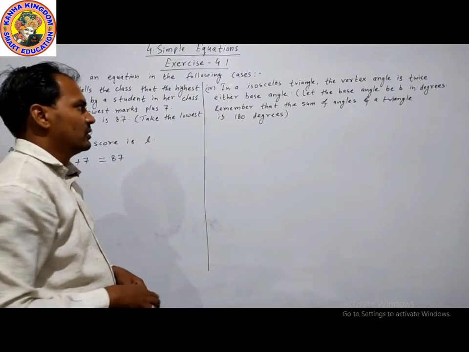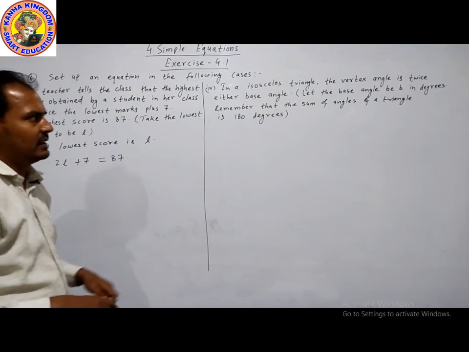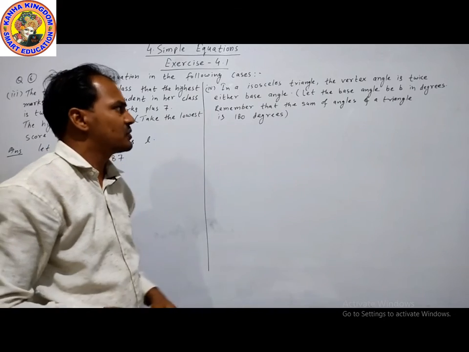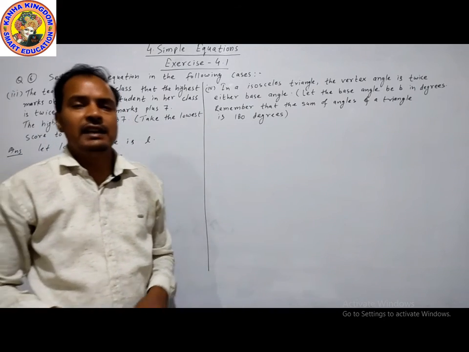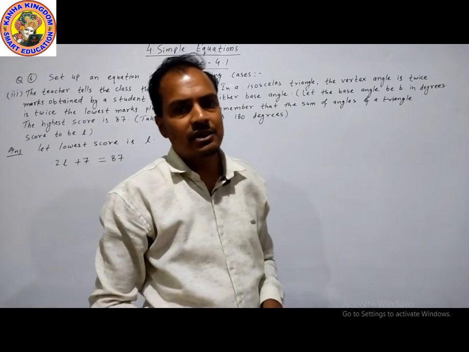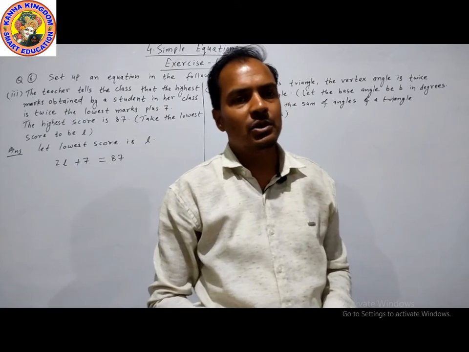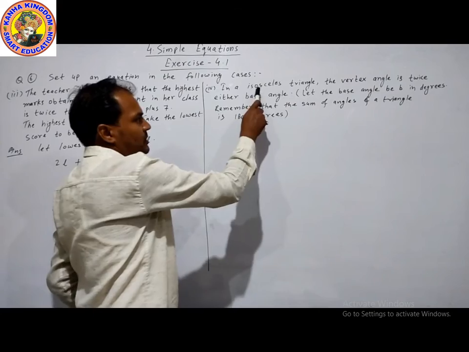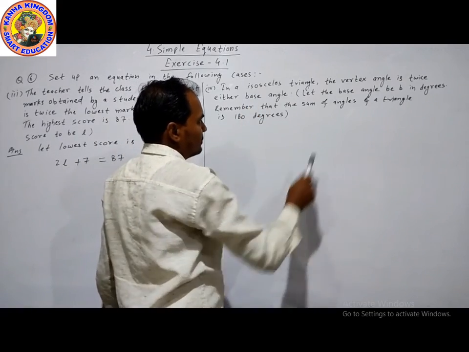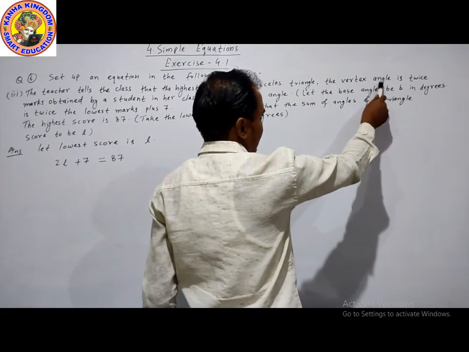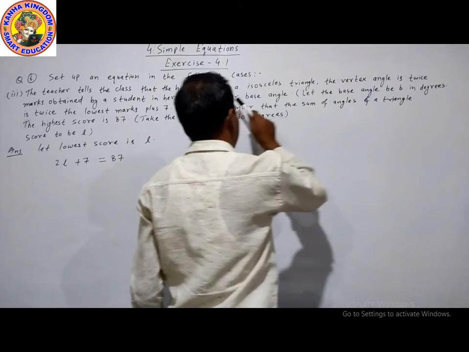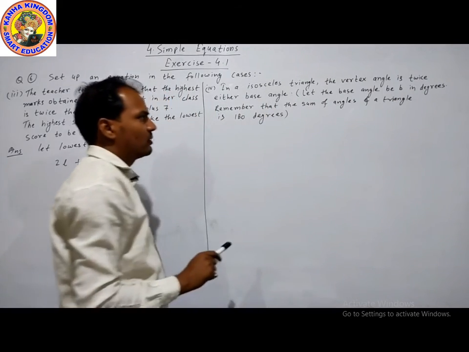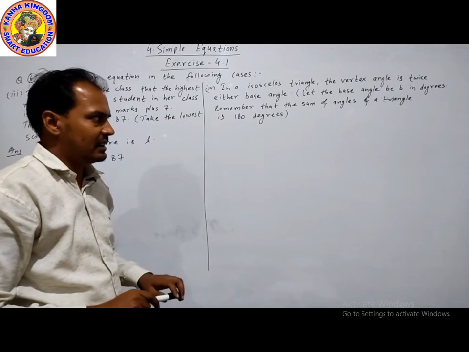Now the 4th one is about an isosceles triangle. First of all, what is an isosceles triangle? A triangle having 2 sides equal and 2 angles also equal, respective to the sides. The vertex angle is twice, meaning 2 times, either base angle.